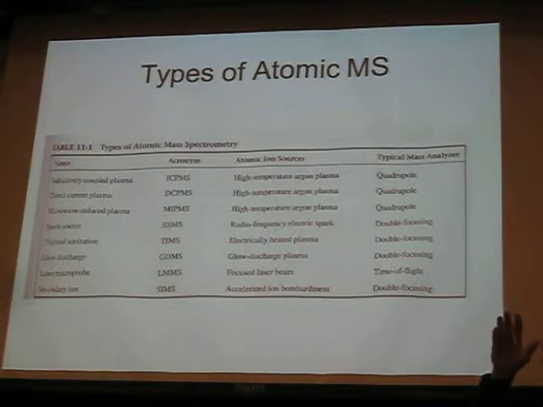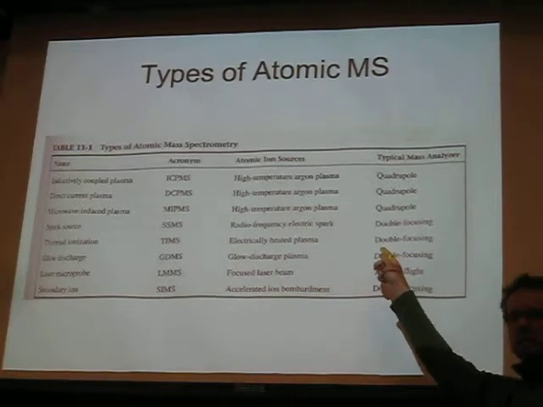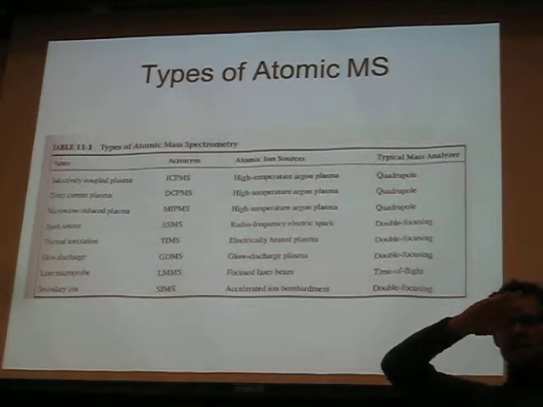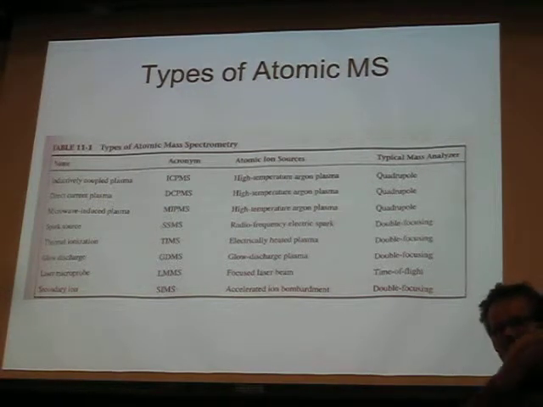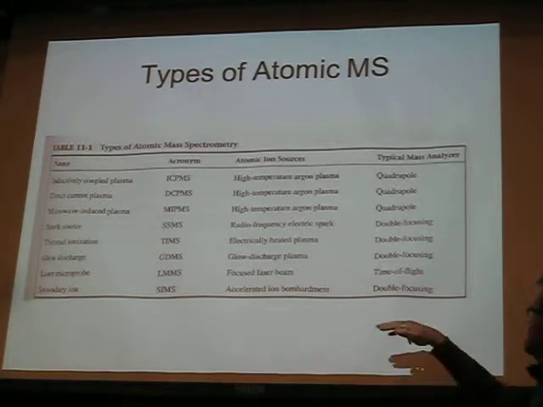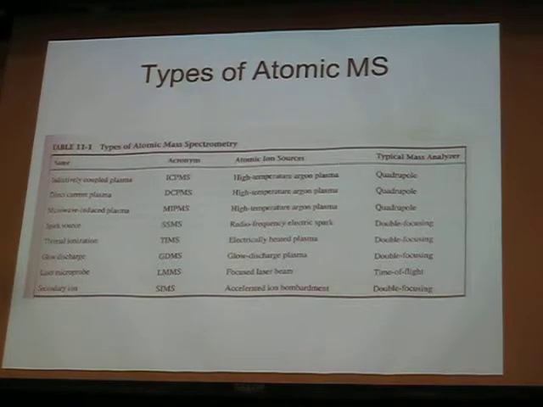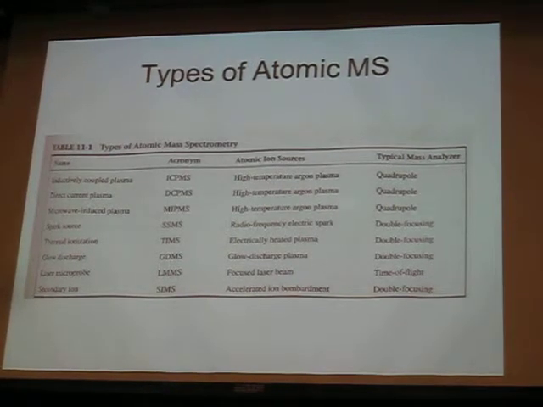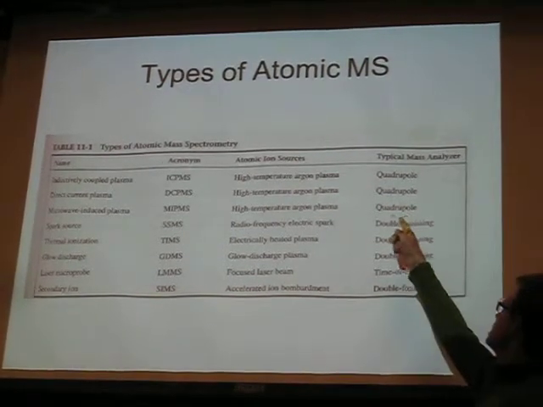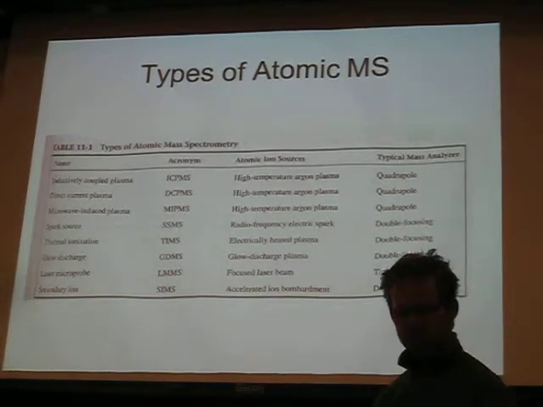And the more sophisticated instruments have a magnet, and sometimes they have two magnets, or they have an electrostatic, electrical field separator mass analyzer, followed by a big magnet that separates in a magnetic field. And these are able to separate isotopes to a much finer degree with higher resolution than some of the cheaper ones. So these are under $25,000, these are $300,000 to $400,000. That's what you get for the money.